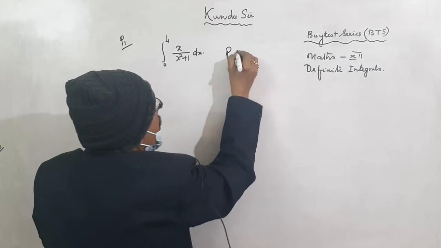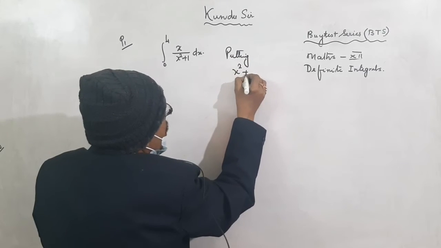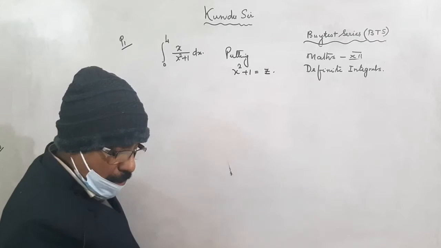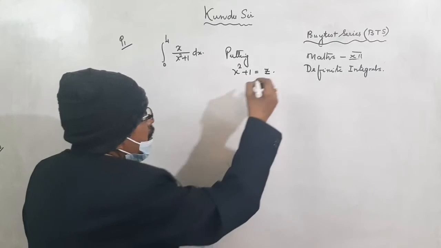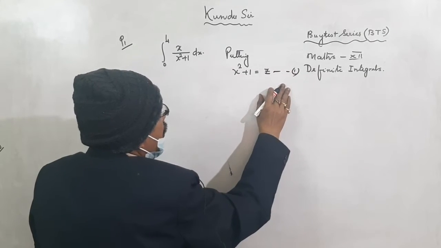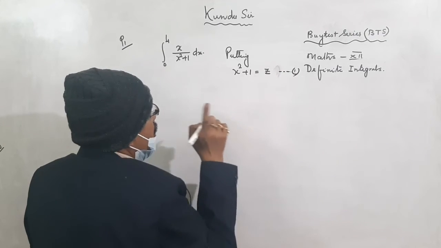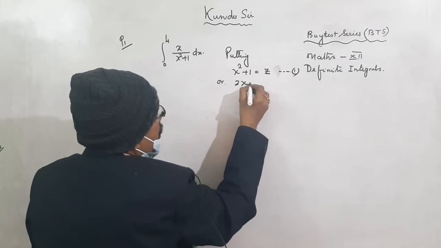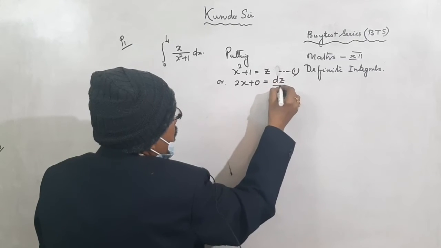So I am writing here, putting x square plus 1 equal to z. Marking this as equation 1 and differentiating 1 with respect to x, that is 2x plus 0 equal to dz upon dx.